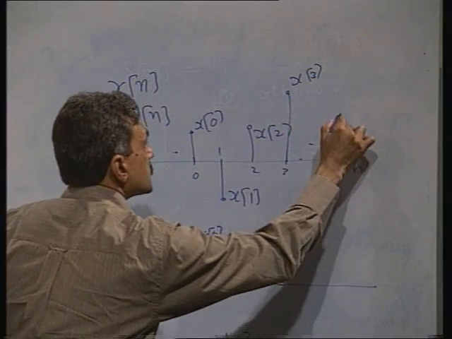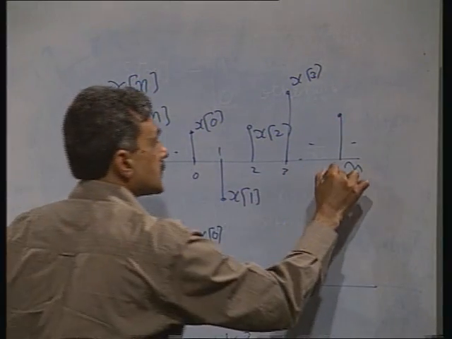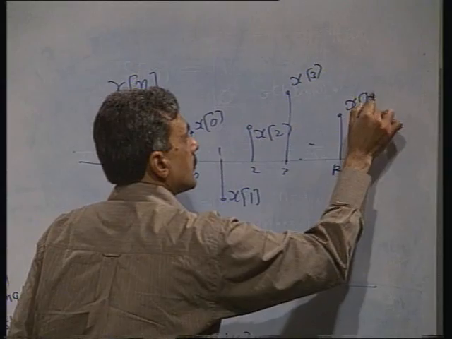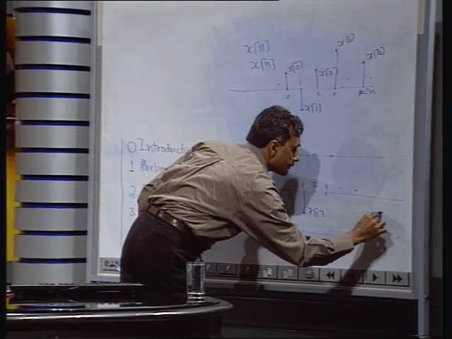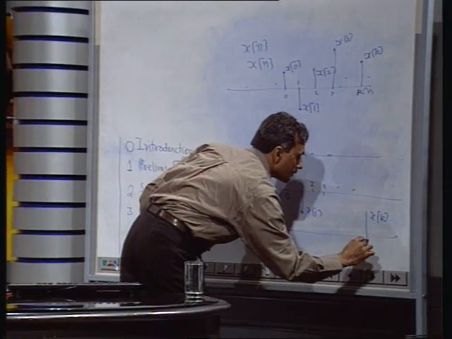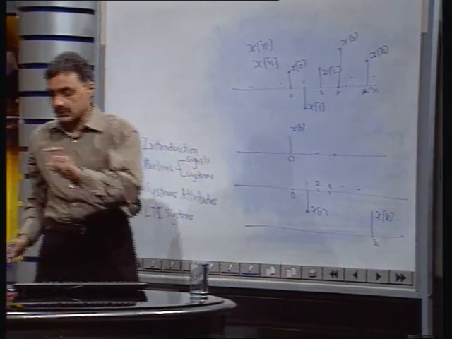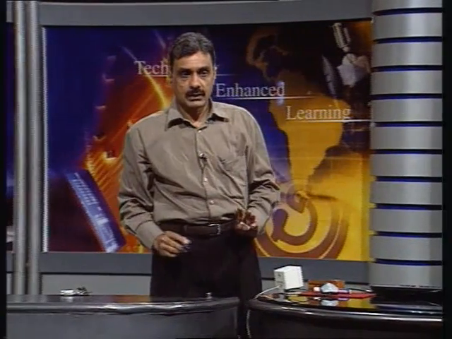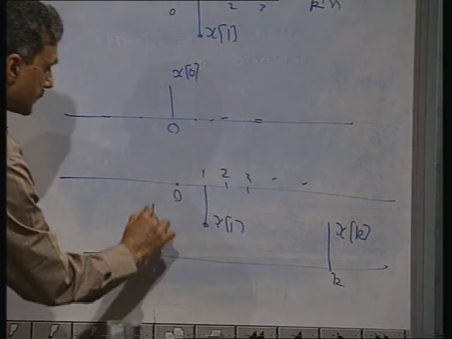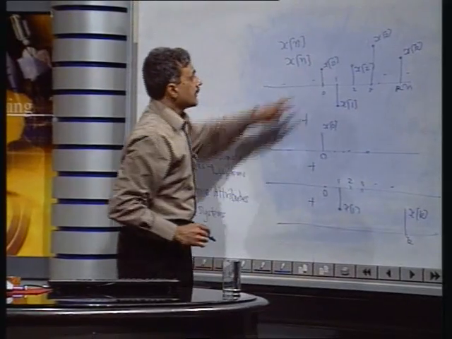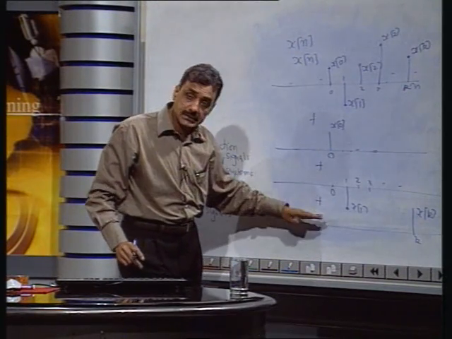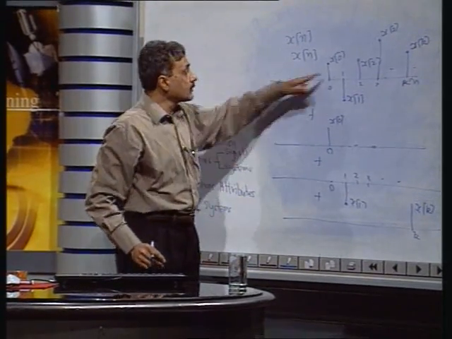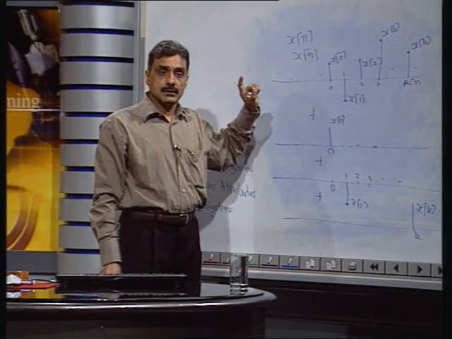At a particular instant k, the value is x of k, some pulse sitting there of that strength. If I add all these signals, I am going to get this signal back. Is it clear?